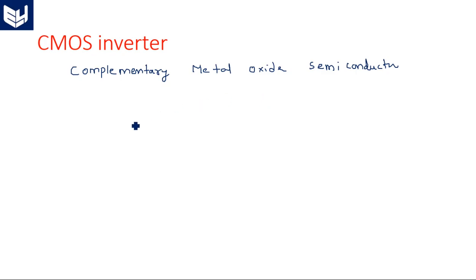Output is a complement of the present combination of the inputs. So most commonly CMOS devices like transistors are used for designing any digital circuit. Okay, so the first and foremost CMOS logic circuit is a CMOS inverter.